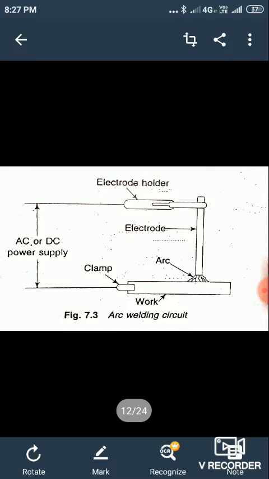In DCRP, direct current reverse polarity, the electrode is connected to the positive terminal of the power source and the workpiece is connected to the negative terminal of the power source.